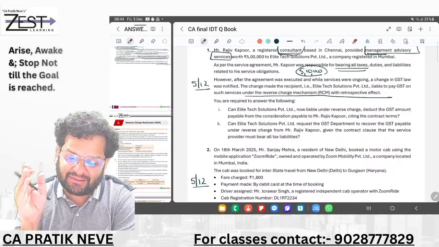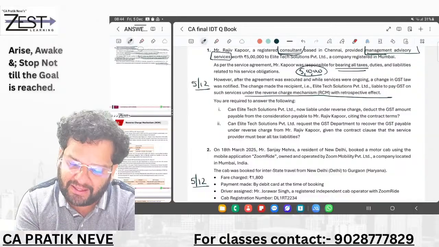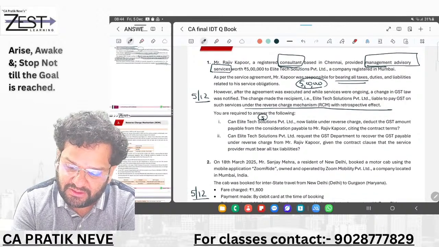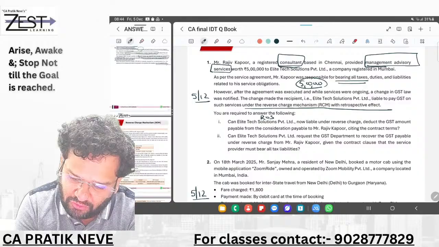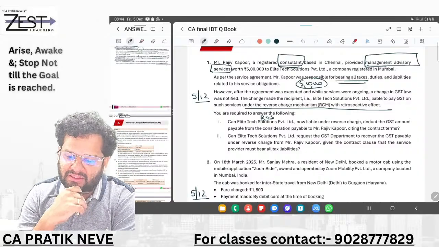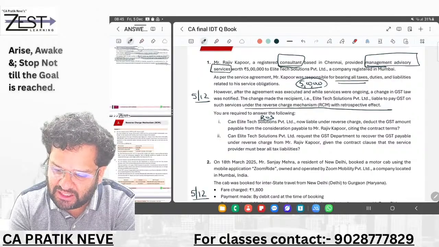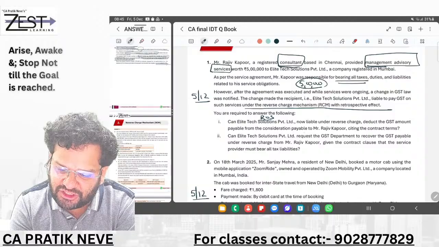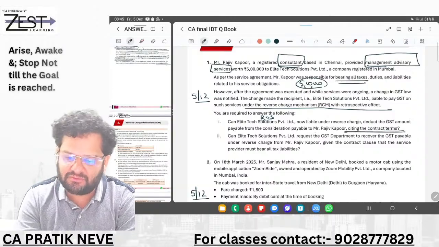Supplier is Rajiv Kapoor, Elite Tech Solutions Private Limited is recipient of supply. Can the recipient of supply, now liable under reverse charge, deduct GST amount payable from consideration payable to Mr. Rajiv Kapoor, citing the contract terms?